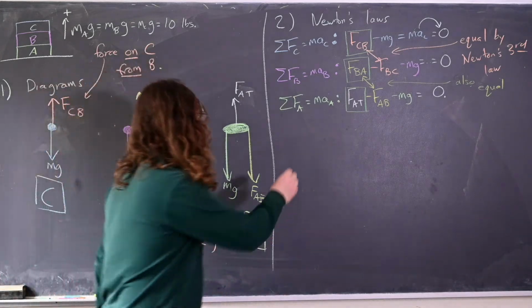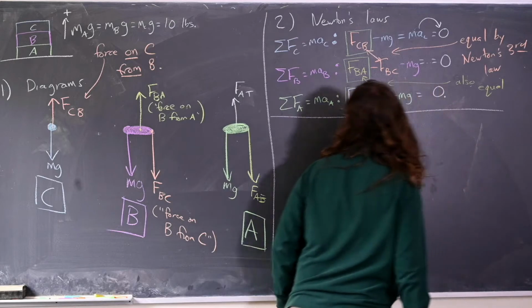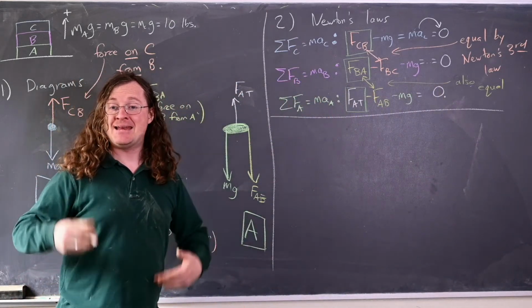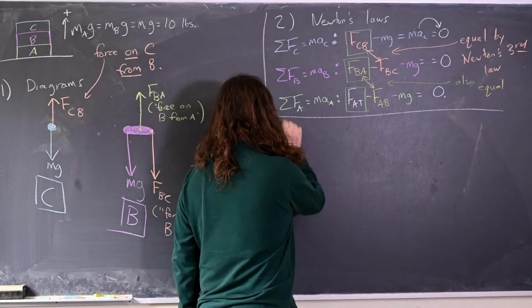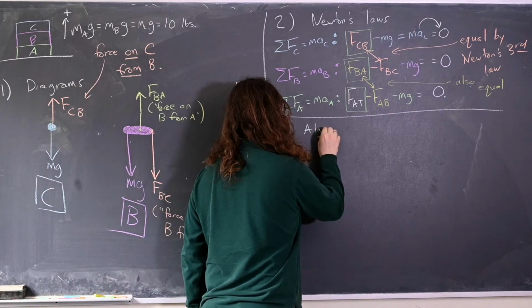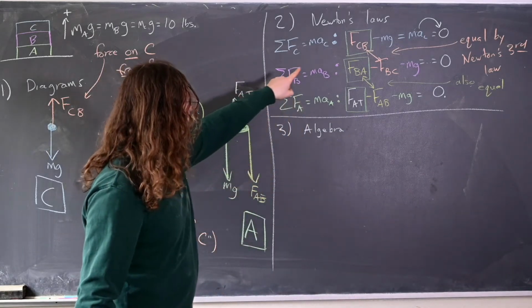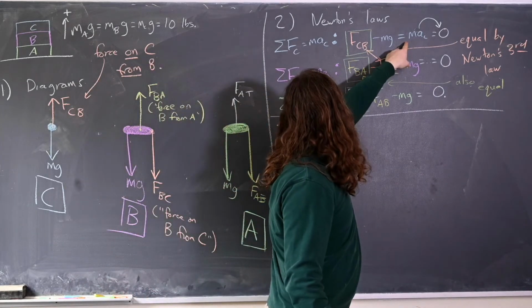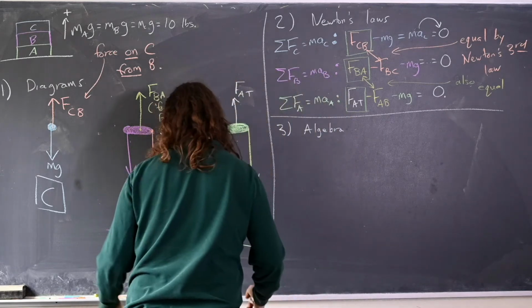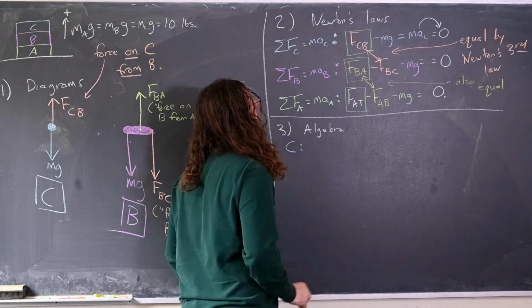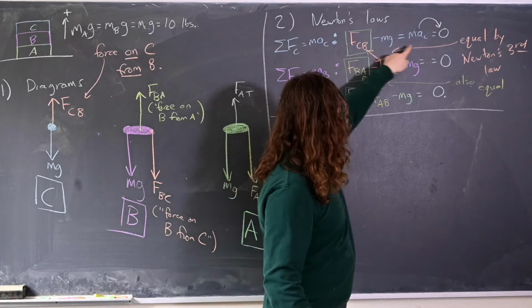So now that I understand what's going on, and now that I'm down to 3 equations and 3 unknowns, it's time to do algebra. So, if I look at this equation, I notice that this is very easy, right?